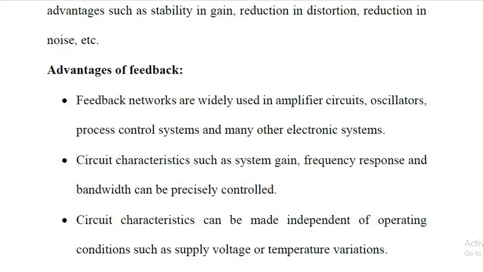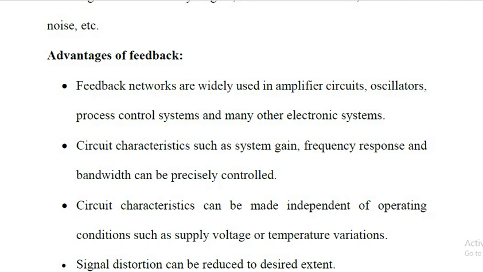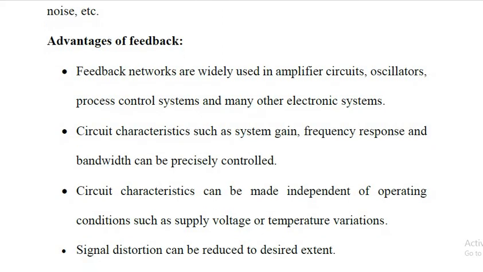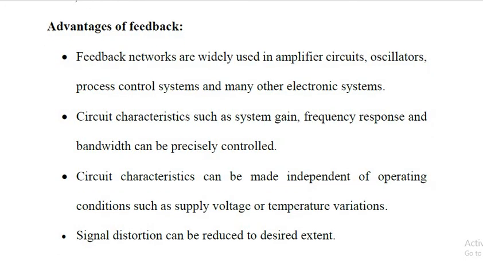Next, circuit characteristics such as the system gain and frequency response can be made independent of the operating conditions like supply voltage or temperature variations. That is, even if there is voltage fluctuation or temperature variation, it will not affect the circuit characteristics. Next, signal distortion can be reduced to desired extent. That is, to the required extent, we can reduce the unwanted signal.